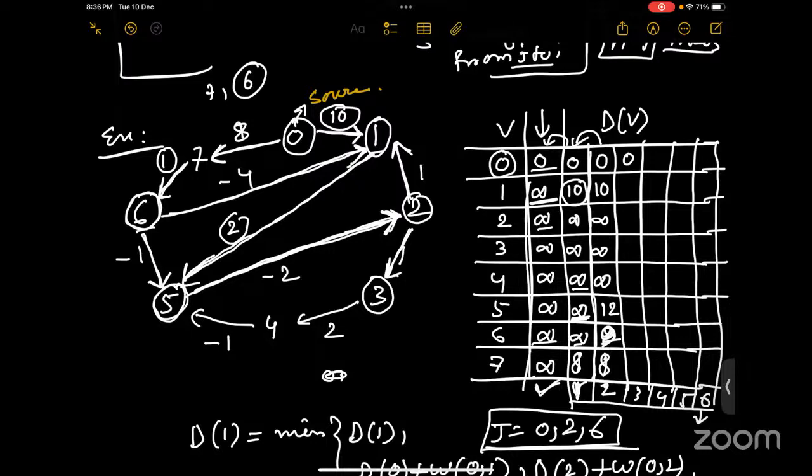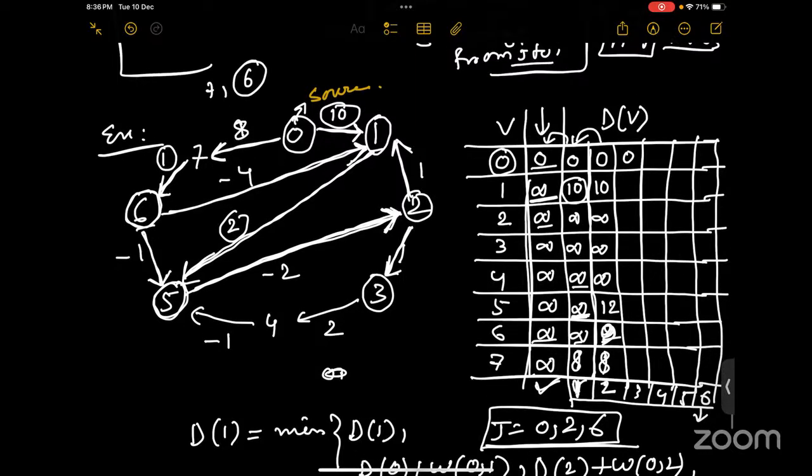Ma'am, what did you just do? This 8 and 12. Actually, I didn't want the distance to be negative. That is why I just took 8 instead of 1. Oh, achha, okay. Now you can do the same thing. Now what will be the distance of 1 then? 10. 5.